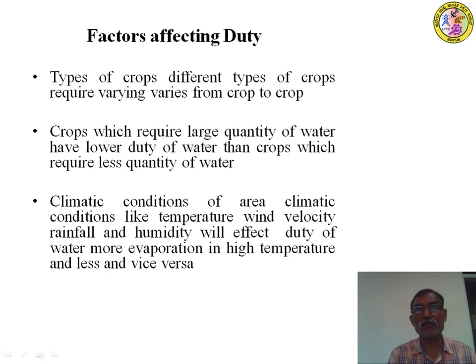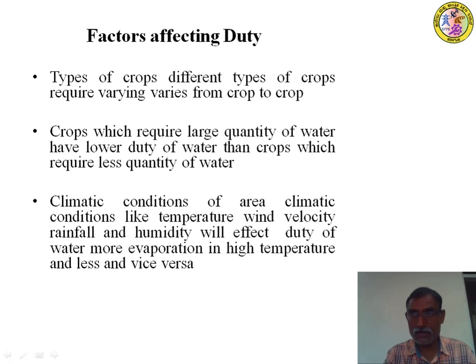System of irrigation: whether you are going to use the sprinkler system, subsurface system or flow system, direct flooding system. Is it not? Flooding system has less duty, and sprinkler and subsurface irrigations have more duty because they are supplying the water directly to the root zone. Other conveyance losses are less, right?